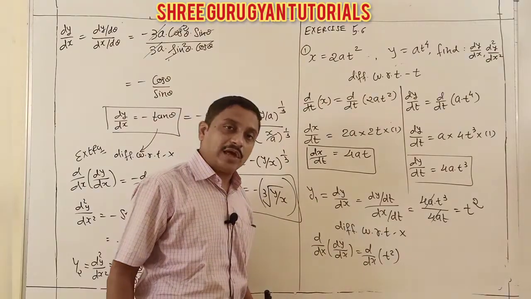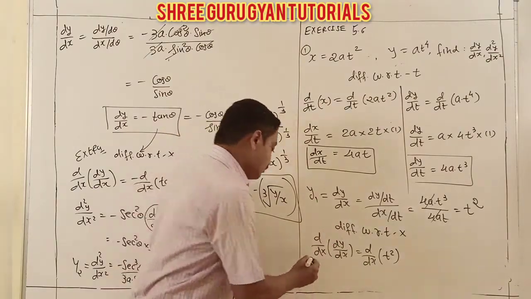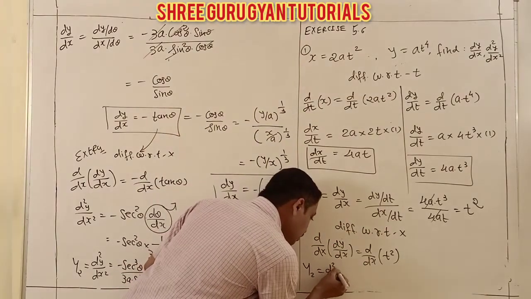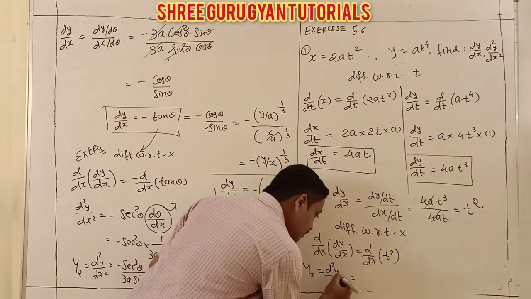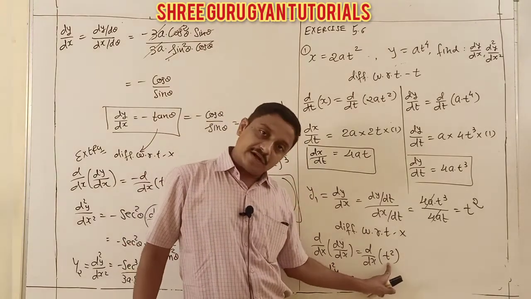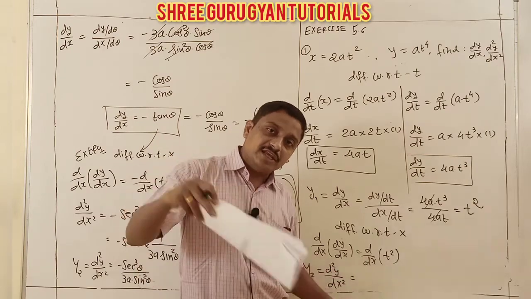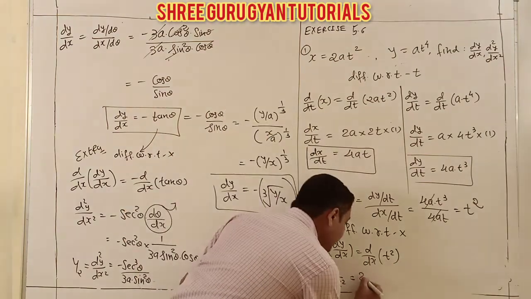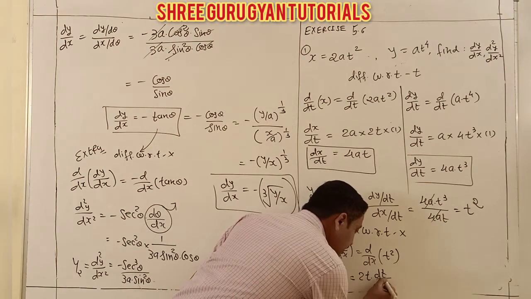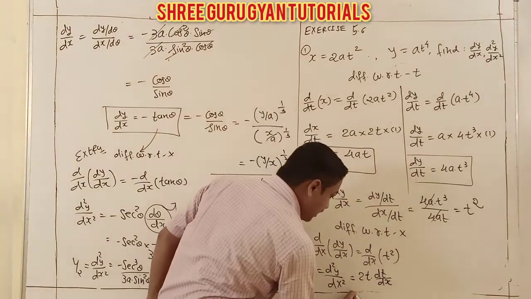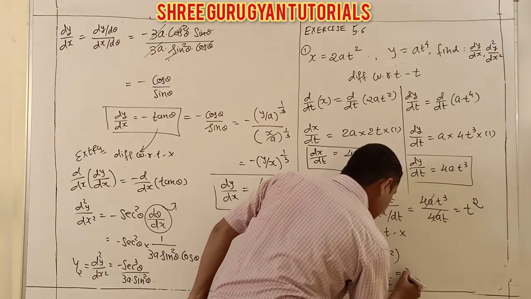After getting t square, I start the derivative. So let's make first the power derivative. After that t derivative. So what is power derivative? 2t. And here dt by dx. And this value finally I get the answer 2t.